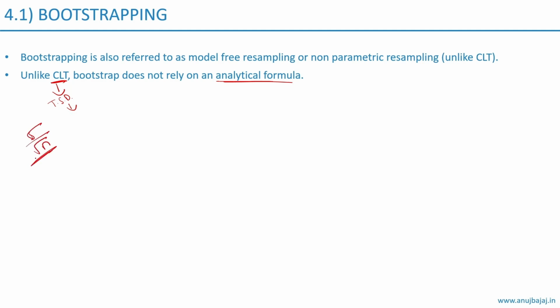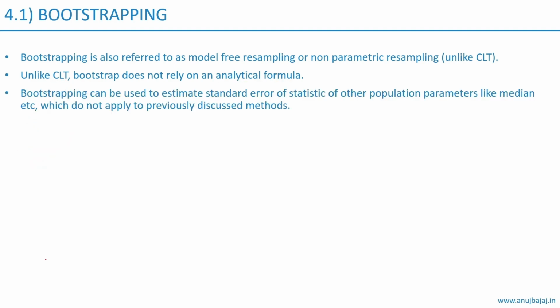We used this formula to find the standard deviation. Whereas in bootstrap, we use the actual standard deviation formula to find the standard deviation of the bootstrap sampling distribution, and we don't use any approximation. And bootstrapping can also be used to estimate the standard error of statistics of other population parameters, like the median, which do not apply to the previously discussed method.